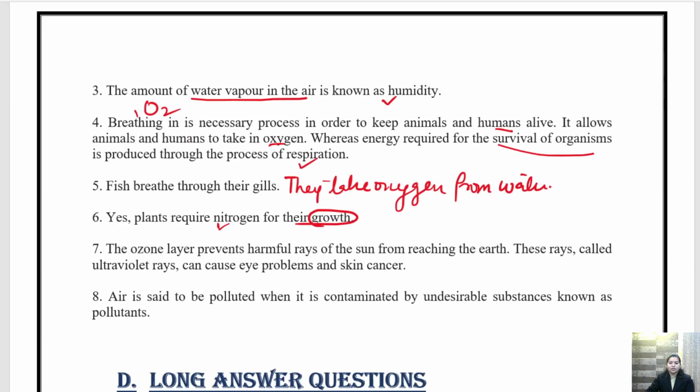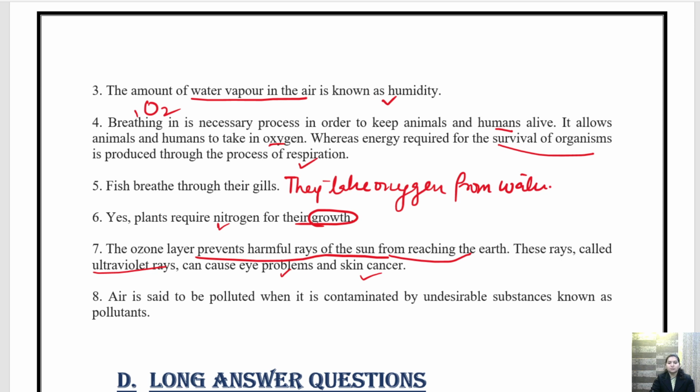So what does the ozone layer do? The ozone layer prevents harmful rays of the sun from reaching the earth. These rays are called ultraviolet rays, and they can cause eye problems and skin cancer. So why is it important?